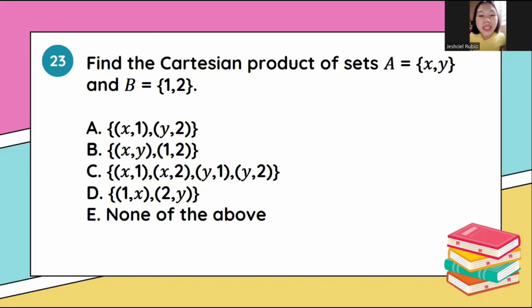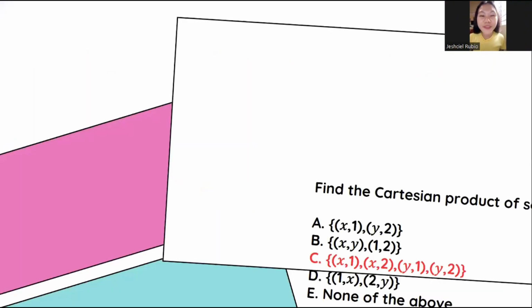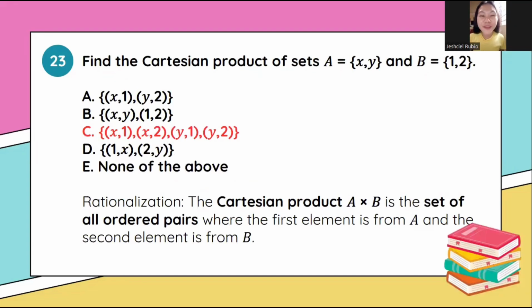Letter C, the set of x1, the set of x2, the set of y1, and the set of y2. Letter D, the set of 1x and the set of 2y. Or letter E, none of the above. So the correct answer is letter C, the set of x1, the set of x2, the set of y1, and the set of y2.